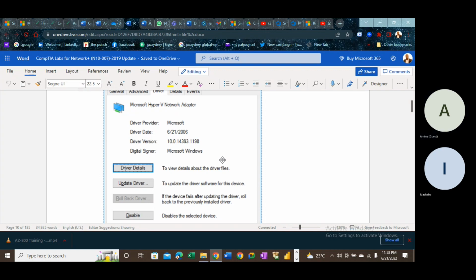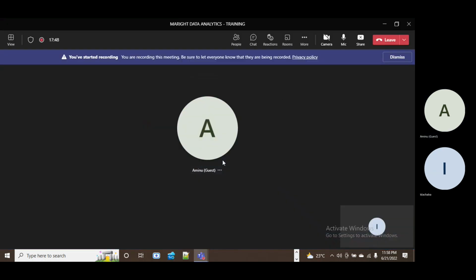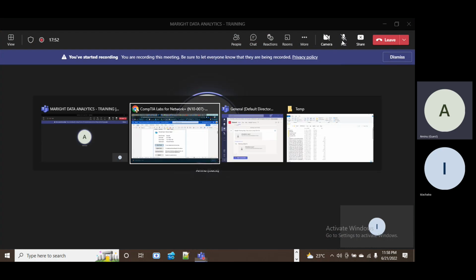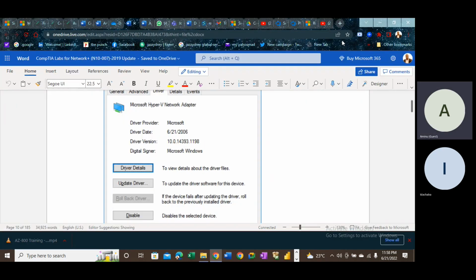I learned about introduction to IT and what it entails, and we also started on the work environment related to IT. We basically looked at servers.